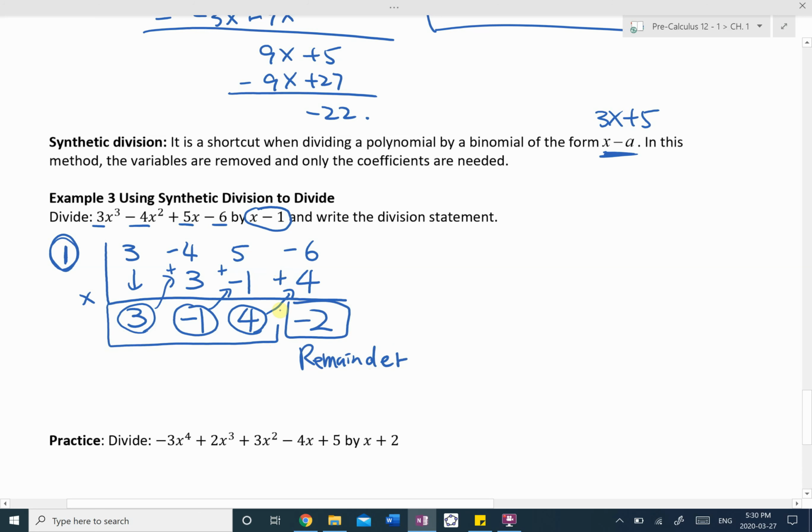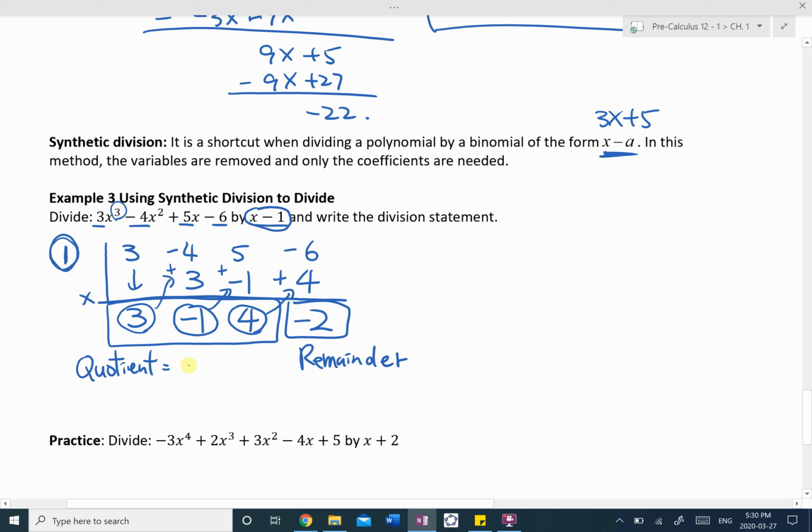Okay, this is the remainder, and these three numbers are your quotient. Now, obviously, your quotient is not 3 minus 1 plus 4. If you look at your dividend, it's x cubed. Notice how I said earlier that the quotient is always 1 degree less if it's divided by x minus a.